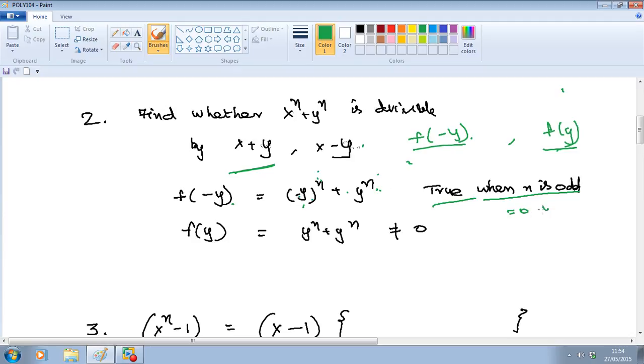When n is even, it is actually 2 y to the power n. Same case with f of y: y to the power n plus y to the power n is not equal to 0. So what is the formula we apply?